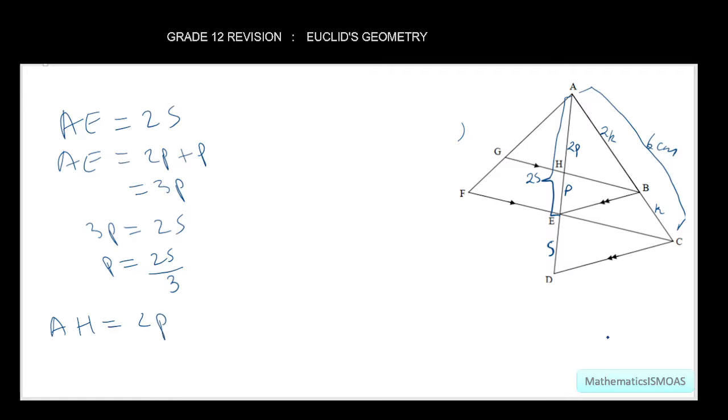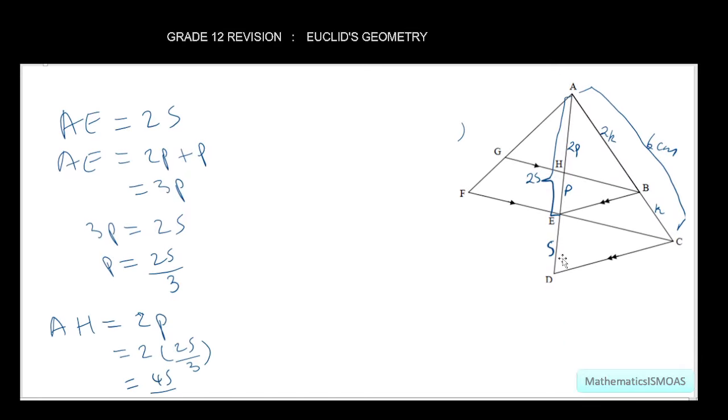AH is 2P, but what is P? P is 2S divided by 3. Therefore AH will be 4S divided by 3. And then what is ED? ED, here on our diagram, is just S.